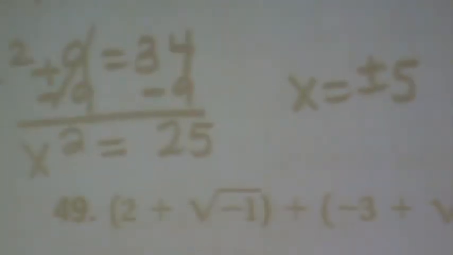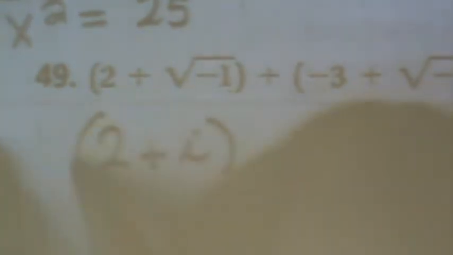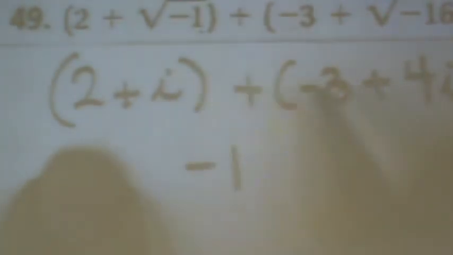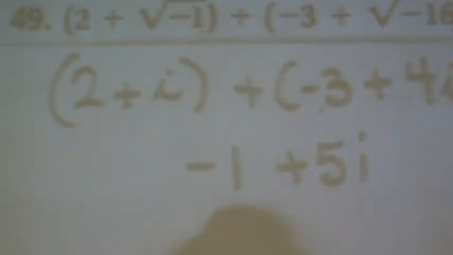For 49, I would convert this to i and this to 4i. So you have 2 plus i plus negative 3 plus 4i. You add your real numbers, which is negative 1, and add these, you get 5i. So this answer is negative 1 plus 5i.